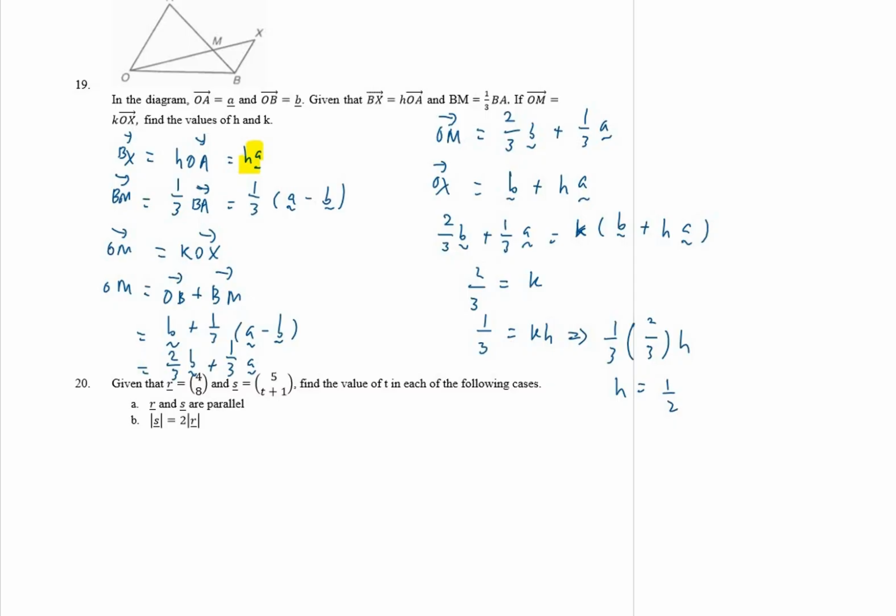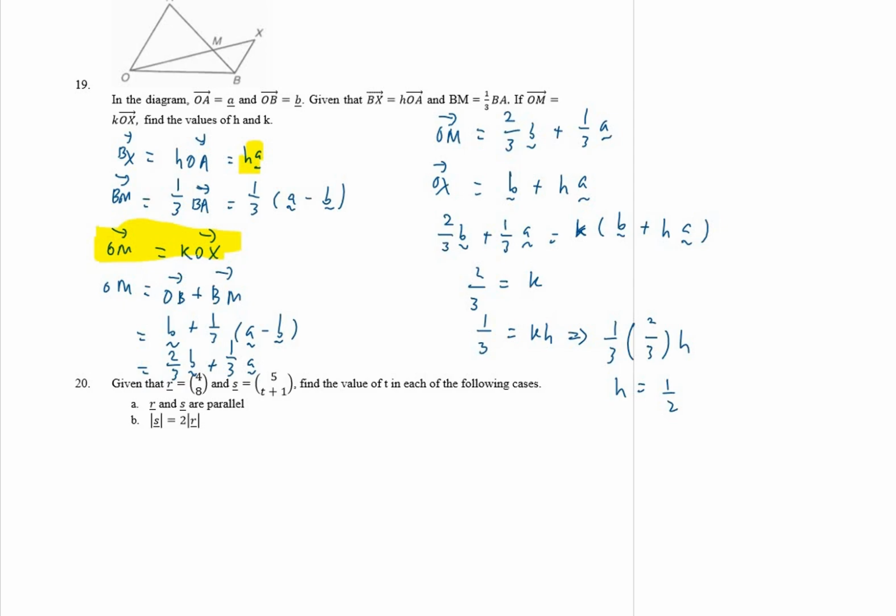Then OM is k OX. This is the given one, but we want to find OM first. OM is OB plus BM. So you have B plus 1/3 (A minus B), which is what you have found above, and you just put it inside and do simplification.